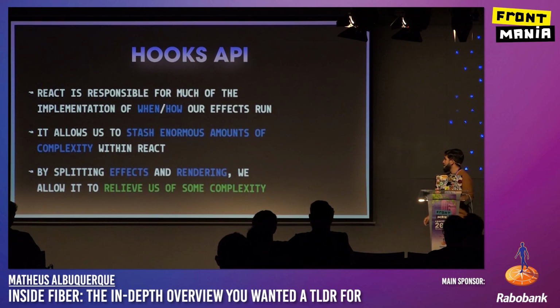And if we think about hooks and effects, we see how React was able to take from us a lot of the responsibility of handling these effects, splitting the effects and the rendering, saving us complexity. Some people think it's good, some people think it's bad because it's becoming a lot of magic inside the framework, but I still think it's a really interesting abstraction.